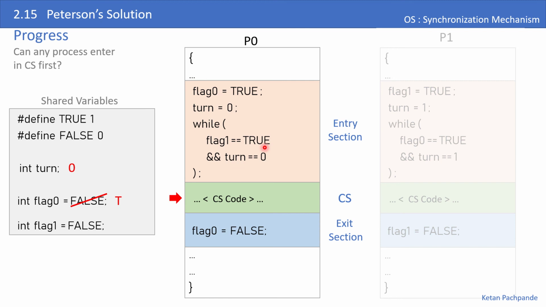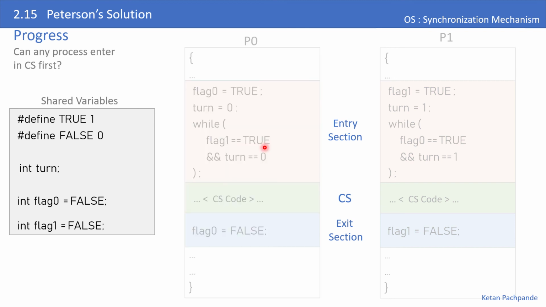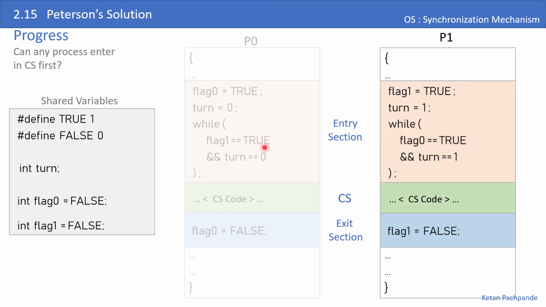Let's again reset the system. Let me reset all the values to initial values. Assume that no process has arrived, and now assume that the process P1 arrives first. Now again, let's execute the process P1 only. What is the first statement? Flag 1 is equal to true. Go ahead. Next statement is turn is equal to 1.